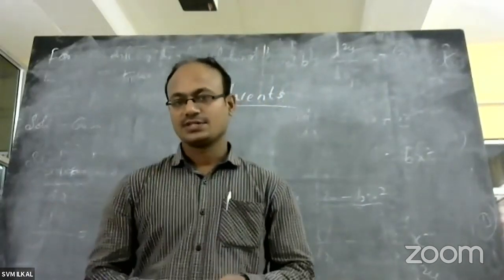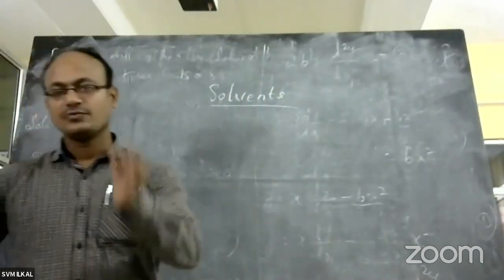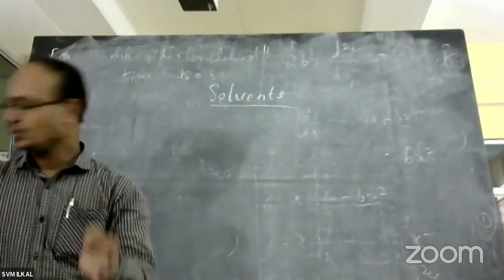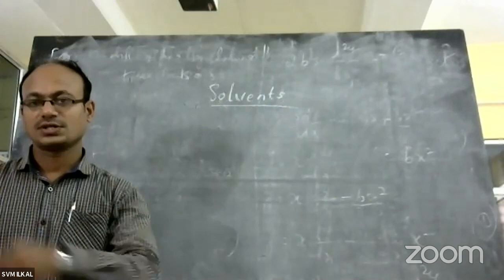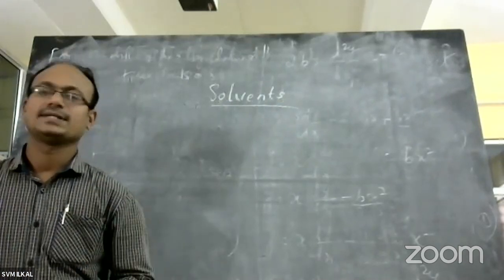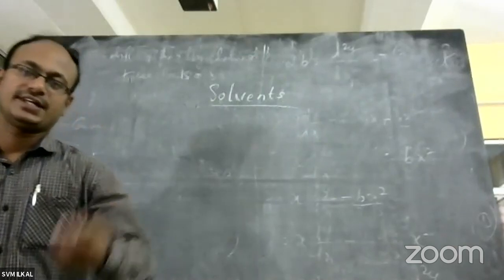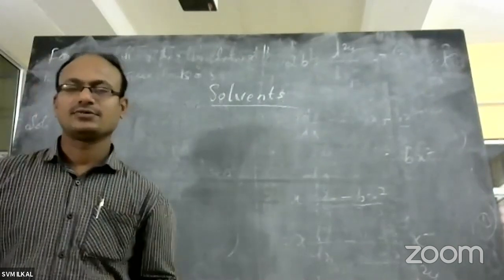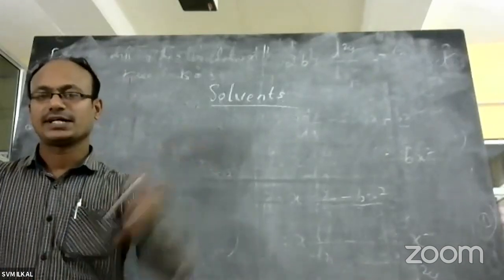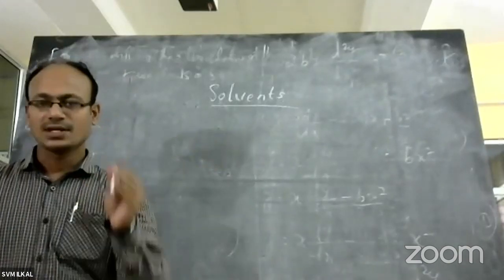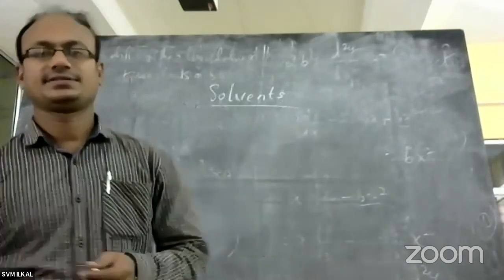Then non-ionizing solvents also come. The solvents which do not undergo auto-ionization, we call non-ionizing solvents. Examples I have given: you take any organic solvents like carbon tetrachloride, benzene, hexane. These we categorize under non-ionizing solvents. So this is what we studied, right?